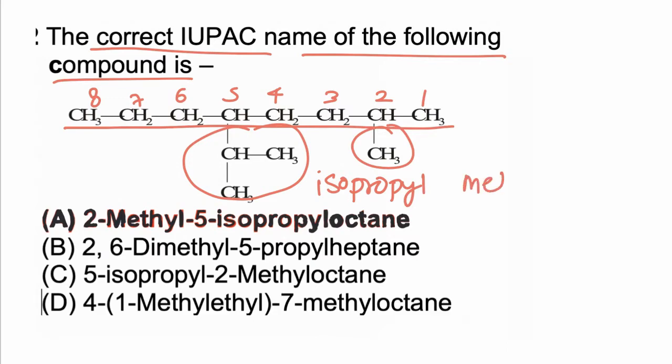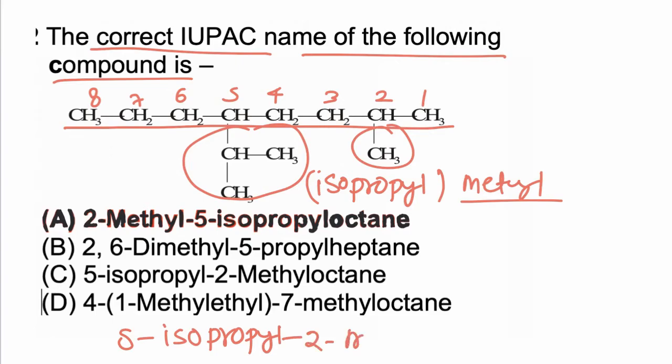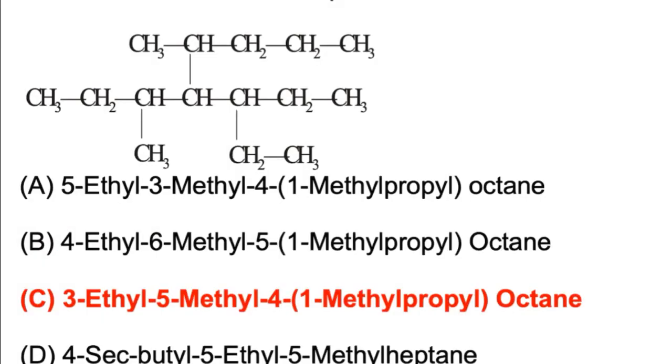According to alphabetical order, isopropyl should be written first. So the name of the compound is 5-isopropyl-2-methyl, total 8 carbons in the main chain, hence octane, and the correct answer is C, 5-isopropyl-2-methyloctane.